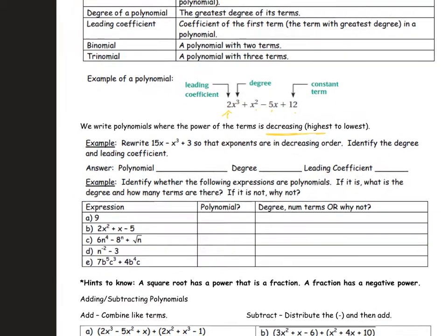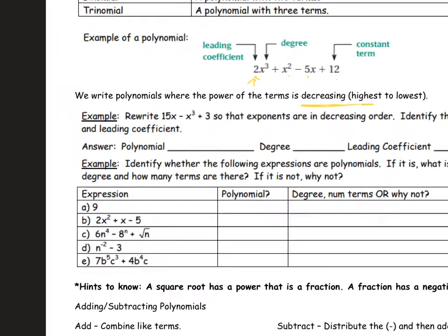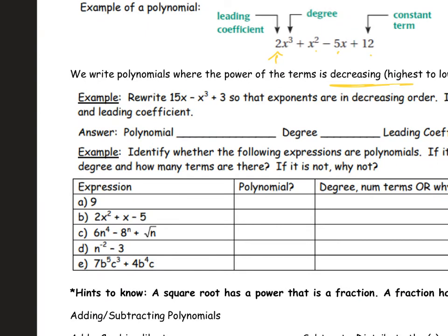So if you look at this first example, we're going to rewrite 15x minus x cubed plus 3 so that its exponents are in decreasing order, and then answer our questions. My first term here is the negative x cubed. The negative goes with the x cubed, so it's going to stay there. My next largest is the 15x. There is no x squared, so we're just going to leave that blank.